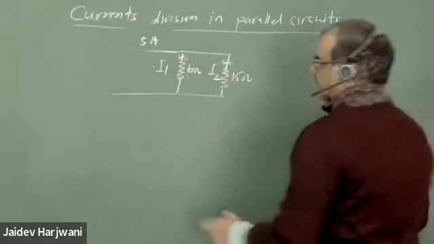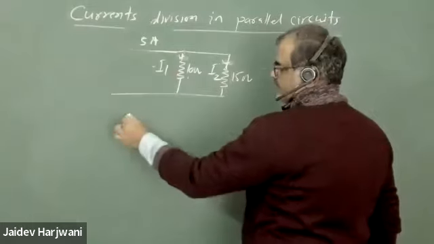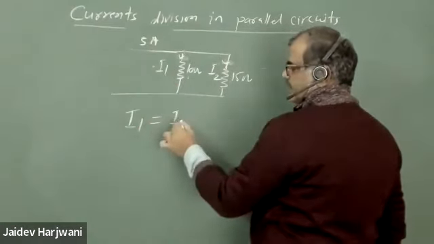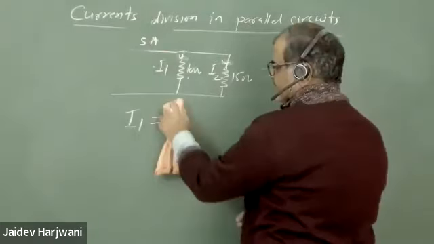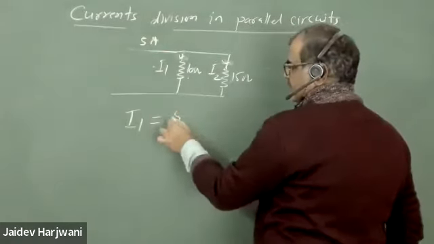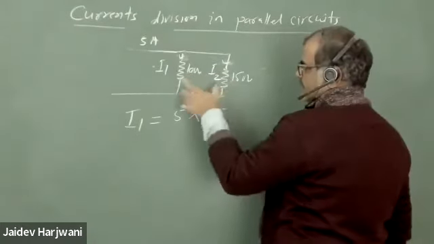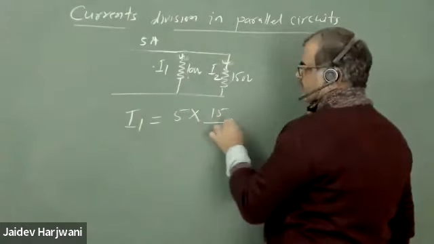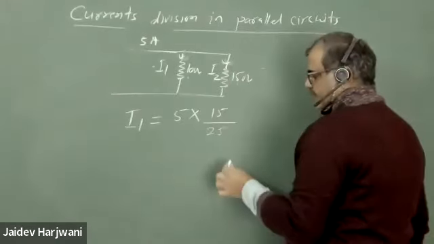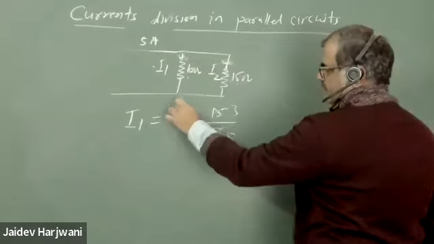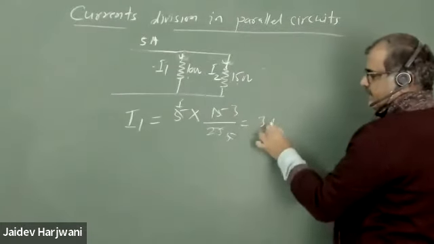If I want the current I1, the simple thing is I take the total current IT, which is 5 ampere, into the resistance of the opposite branch, 15, and the total resistance of these two branches, 25. So this becomes 3, and I get 3 ampere current.